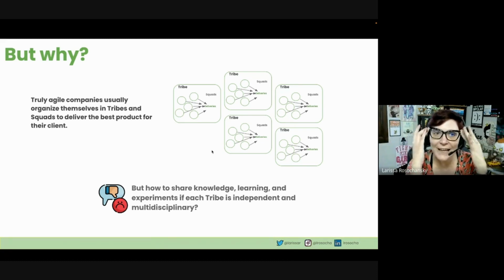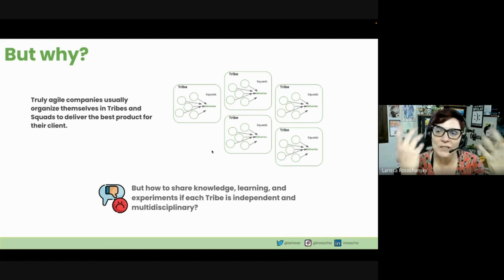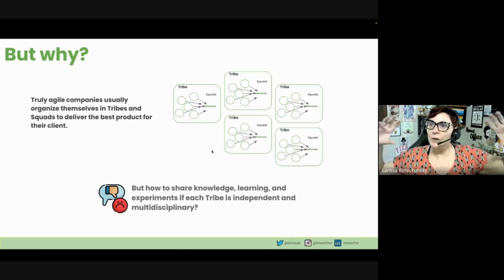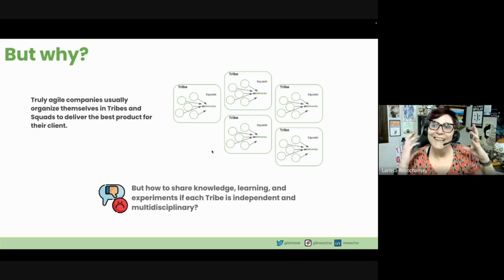When I went to this contract, it was a major account with roughly 300 people working in several squads, in several tribes, working completely independently. But we were unable to share the experiments and the knowledge.